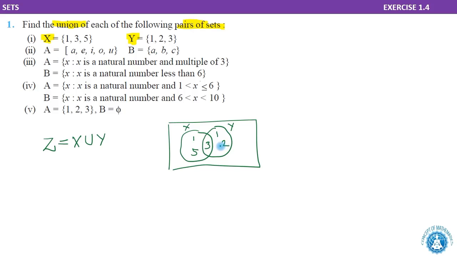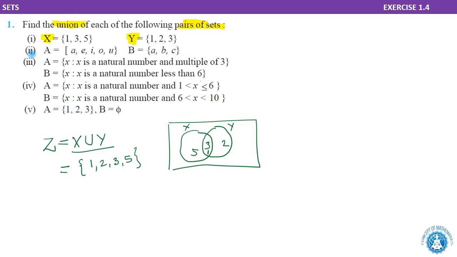So the union of X and Y is represented by this notation. It is equal to 1, 2, 3 and 5. It's my mistake here, 1 is also common to both sets, so we will take 1 here also. So the union of X and Y will have 4 elements, right?